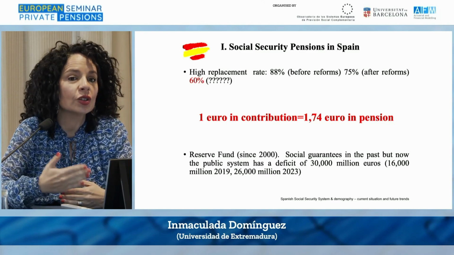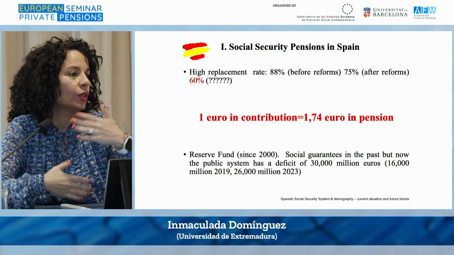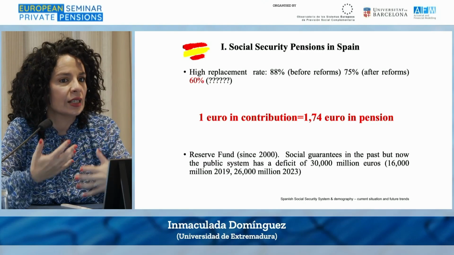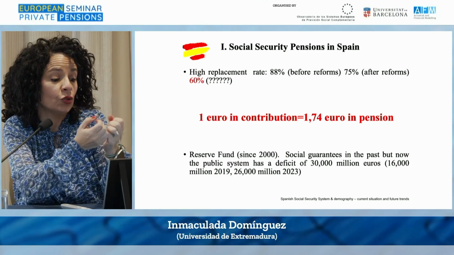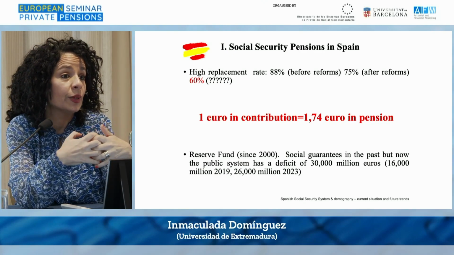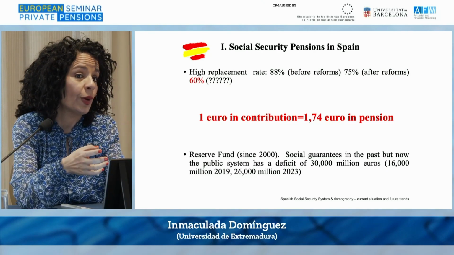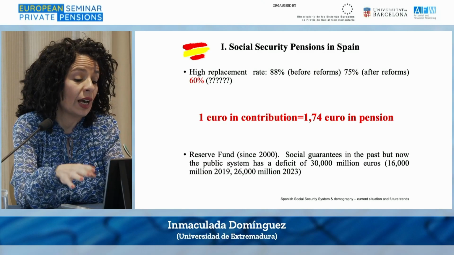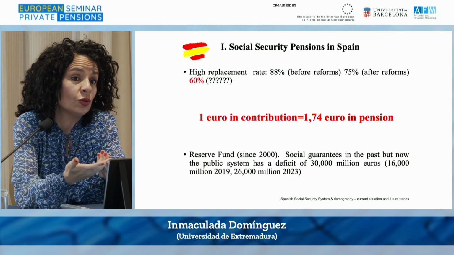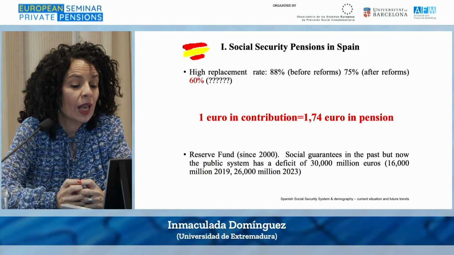The problem, of course, is increased with the fertility rate, with the demographic problem. It's true, but if you have a good basic equilibrium and a really contributory system in relation to what you pay and receive, you will have less problem than if you have a problem at the beginning.